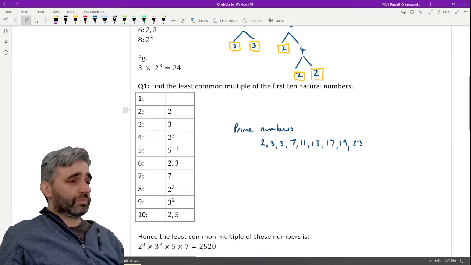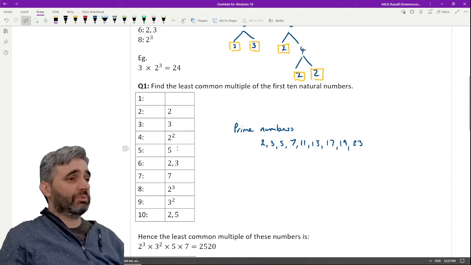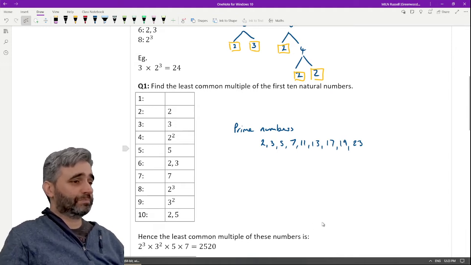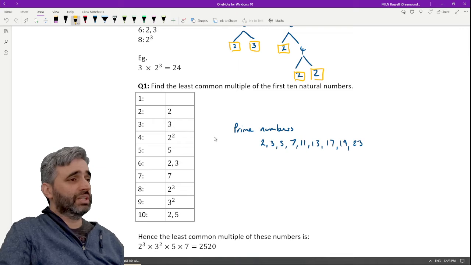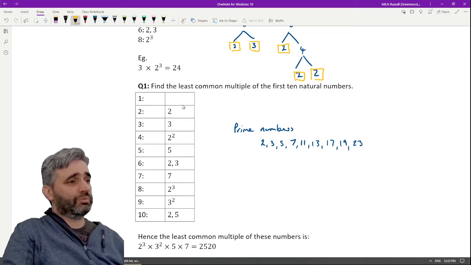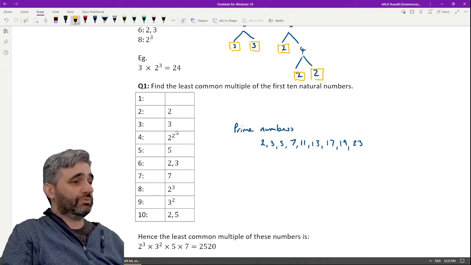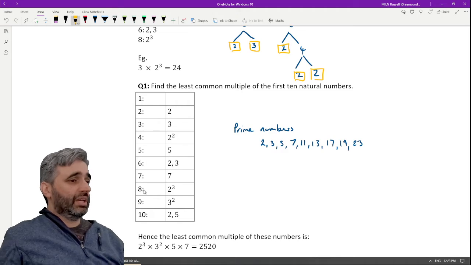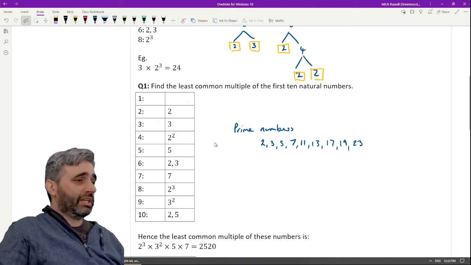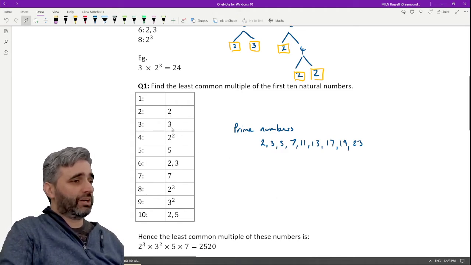So we can use this idea to find the least common multiple of the first 10 natural numbers. What we need to do is find the prime factors of all the numbers up to 10. In this case it's 2, 3, 2 squared, 5, 2 and 3, 7, 2 to the power 3, 3 squared, and 2 and 5, and you'll find that all of these make the numbers on the left. Once we've done that, we identify the highest power of 2, and that's 2 cubed.